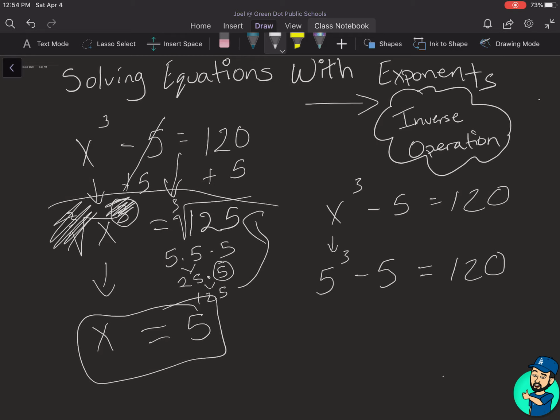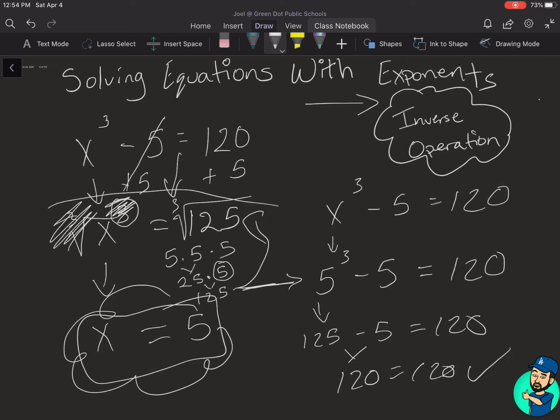Now we already saw this over here. 5 to the third power, that equals 125. Now I'm going to copy and paste everything else. 125 minus 5 is 120. Does 120 equal 120? Yes. So we have our answer. X does equal 5.